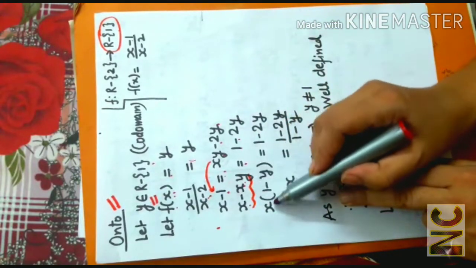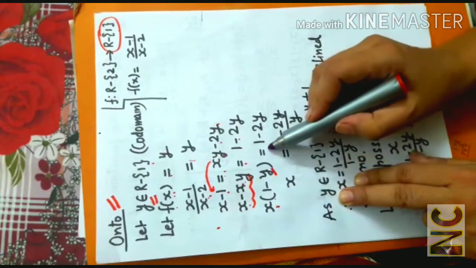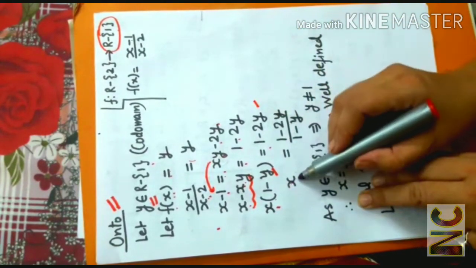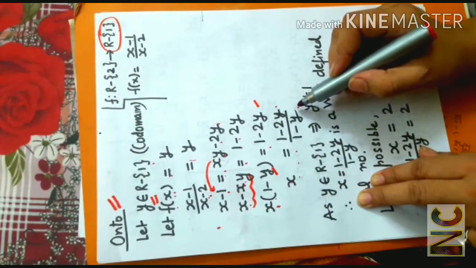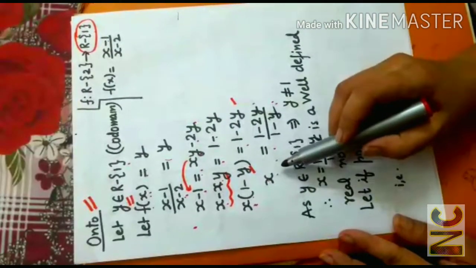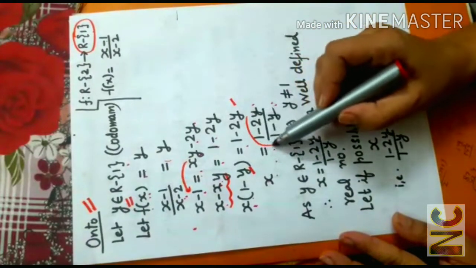From these two, I take the common factor x. So x into (1 minus y) is equal to 1 minus 2y. That will give you x is equal to (1 minus 2y) over (1 minus y). So thus, we have expressed x in terms of y.